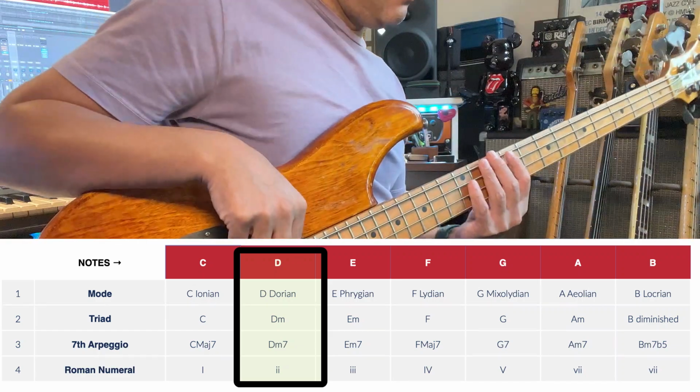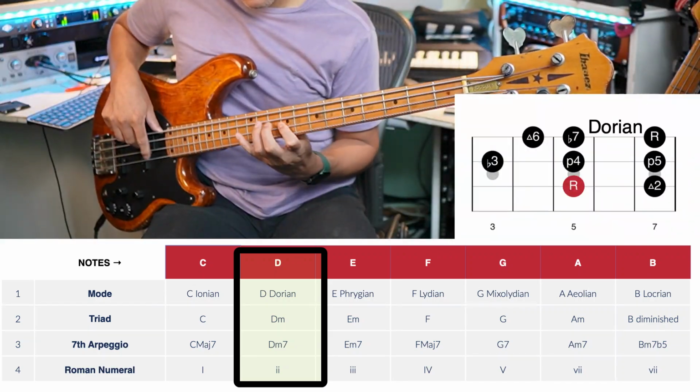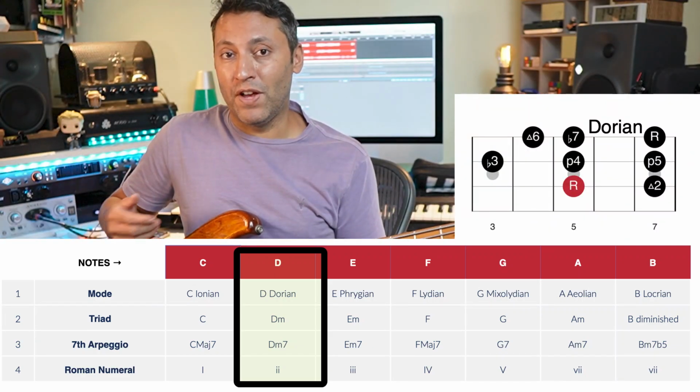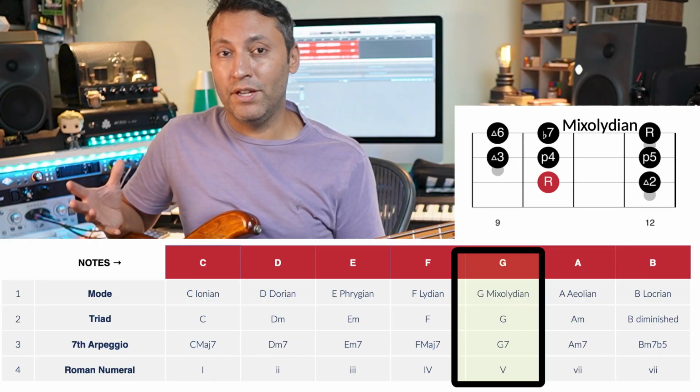Right, so in that example, we have a 2-5 chord progression. The mode built off the 2 is a Dorian mode, so this is that D Dorian. And the mode built off the 5 is Mixolydian. These are 2 very common modes.